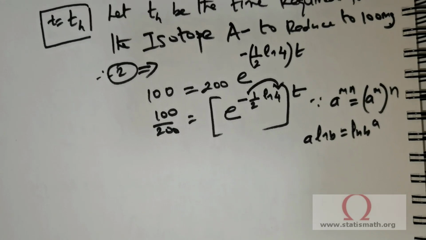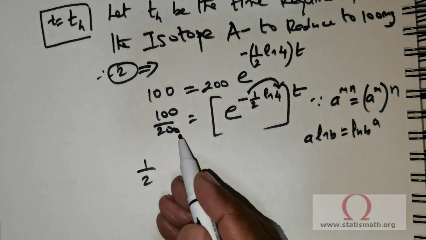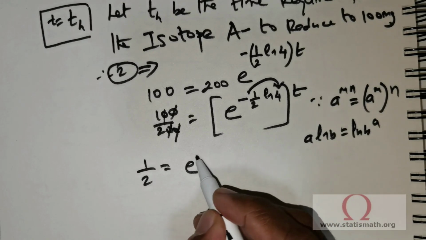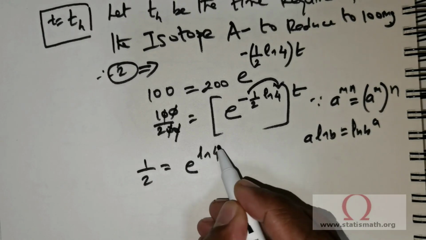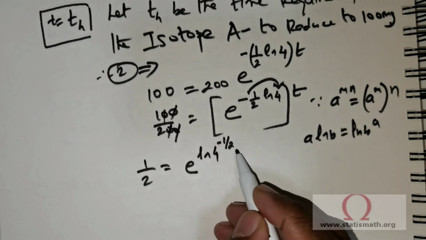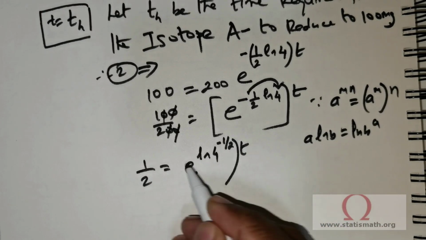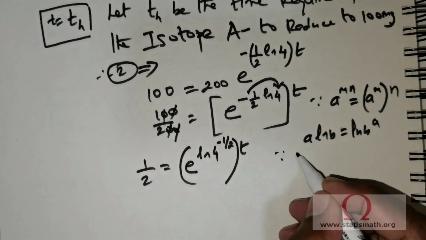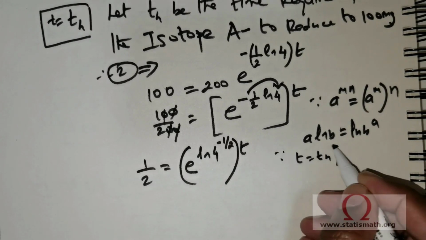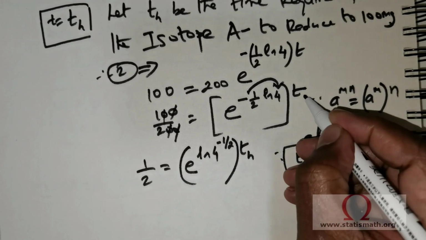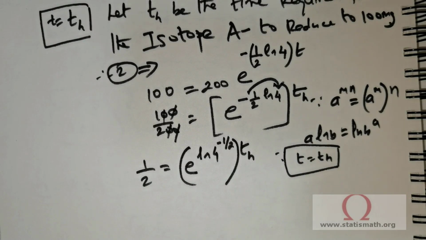So that's going to be 1 over 2 here, giving me e raised to the power ln 4 raised to the power negative 1 over 2, and that is raised to the power t. So this is what I have got now. Now, of course, t is equal to th. We know that, right? We can substitute that. So that's going to be th here.